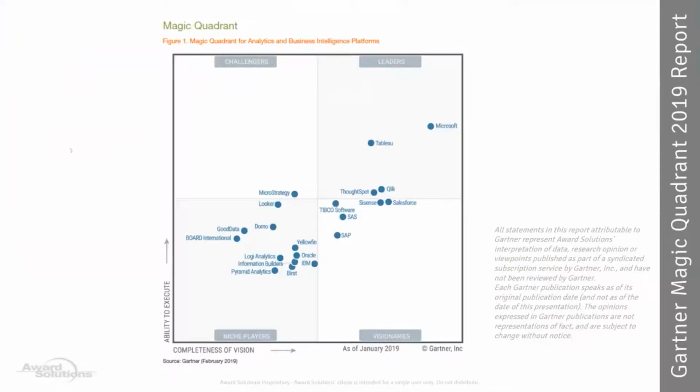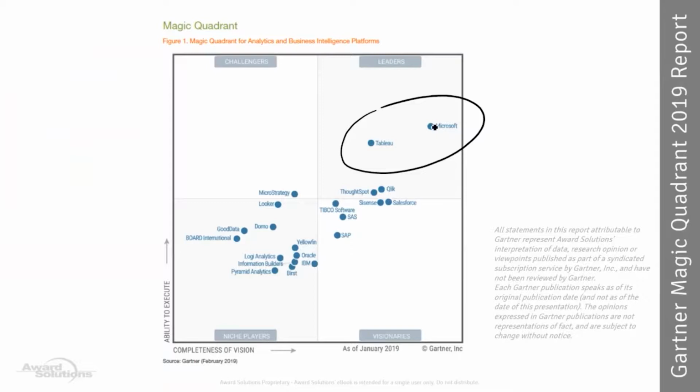So if we go to Gartner and we look at their Magic Quadrant report, and this comes from earlier this year, 2019, we can see all of the different visualization tools that they looked at. And we can see in the upper right-hand corner of this, here it is, we can see Tableau and Microsoft.